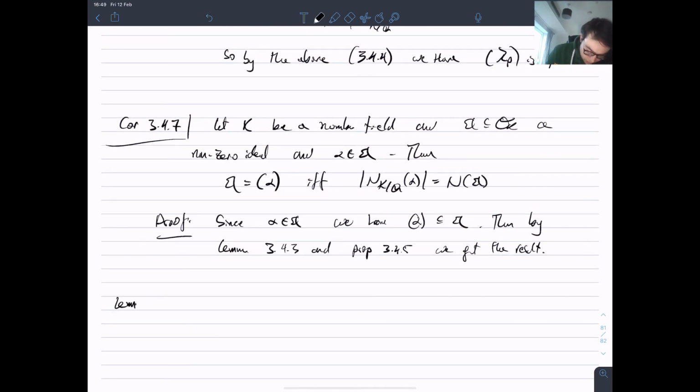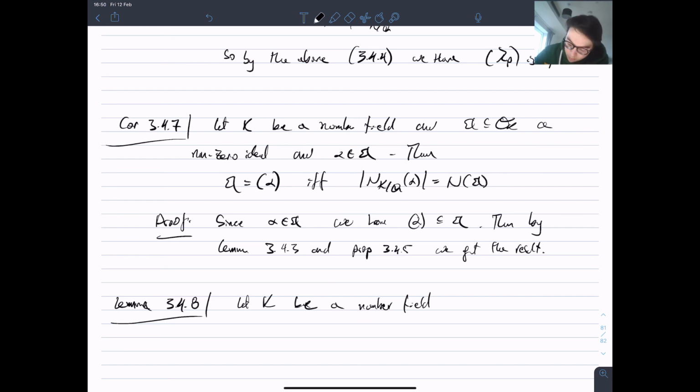Now we have a short lemma. I'm not sure why I call this a lemma, but 3.4.8. Let K be a number field, and I have some ideal in O_K, a non-zero ideal.